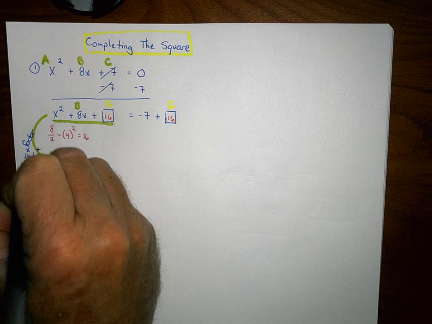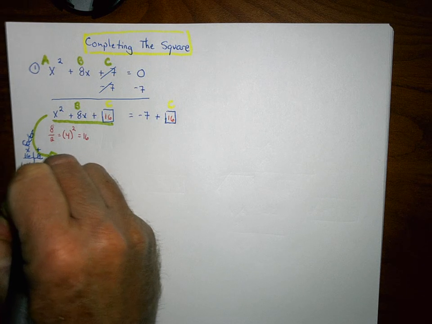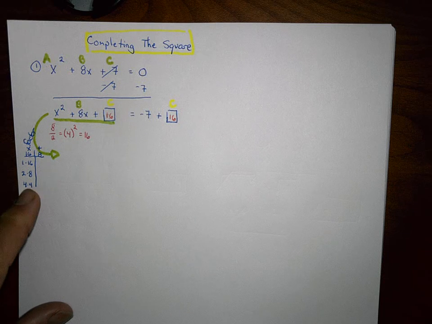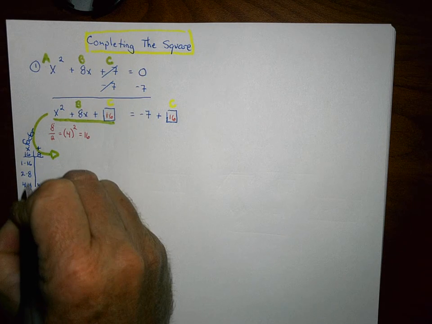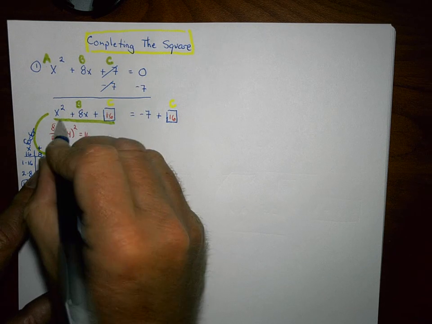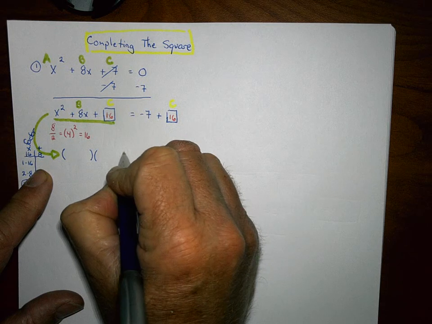There's only 3 of them: 1 times 16, 2 times 8, 4 times 4. And which one of those pairs actually adds to make 8? Well, you can see that's 4 and 4. So positive 4 and positive 4, those are my factors. So remember, a trinomial will always factor into 2 binomials.